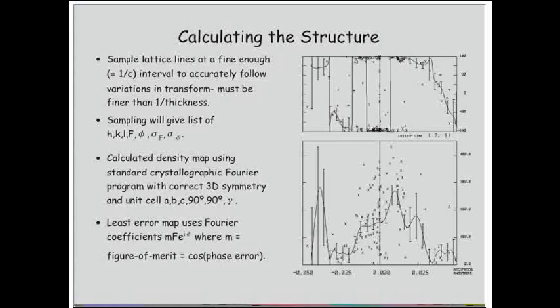And in X-ray crystallography, this produces what's called a least error map. So if you have a very, very high amplitude, but it has a very, very high phase error as well, you want to damp down that amplitude. You don't want that amplitude distorting your structure by making a really strong contribution when the phase error is very, very high. So you need to weight down using these figures of merit.